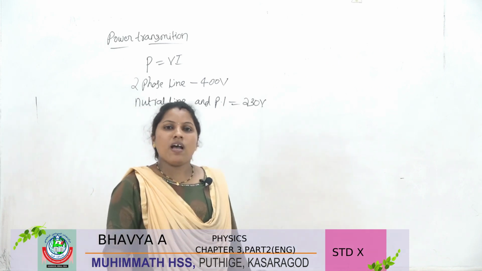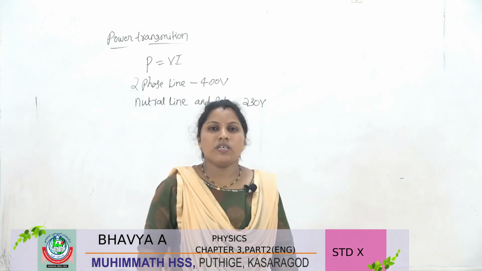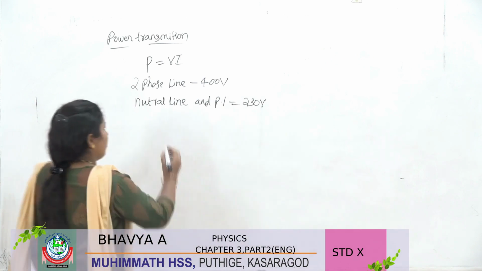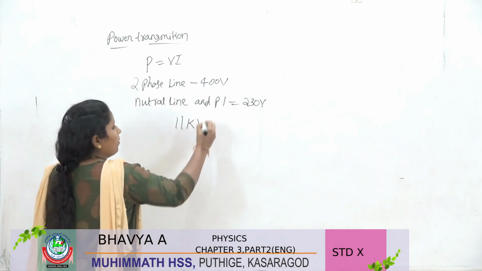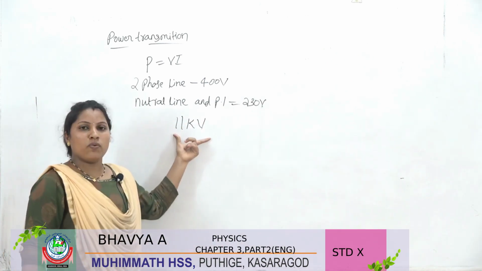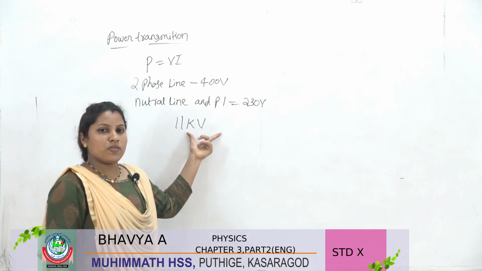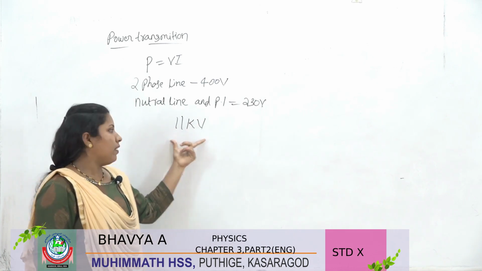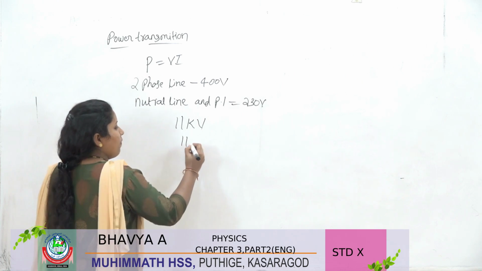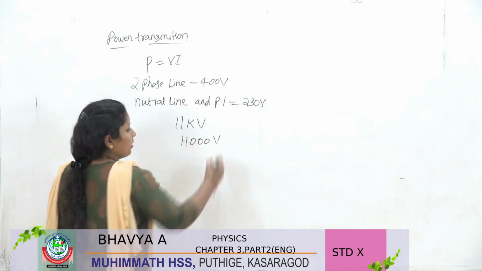In India, a power station produces 11 kilovolt power. 11 kilovolt means 11,000 volt.